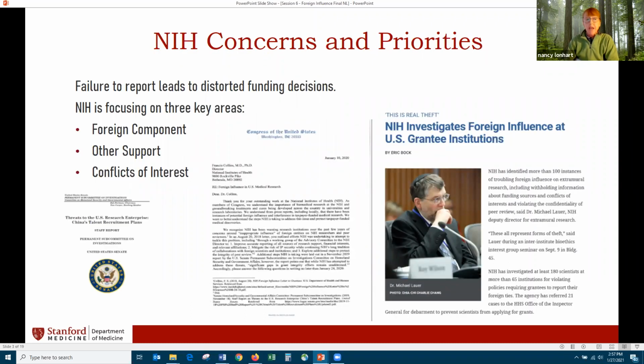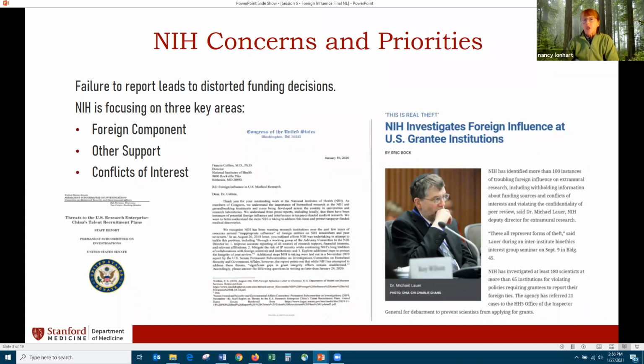And the first was the failure by some researchers at NIH-funded institutions to disclose substantial contributions of resources, and those came from other organizations, including foreign governments. There was the diversion of IP in the grant application process. And in addition, there was the concern that the sharing of confidential information during peer review was being transmitted to foreign entities.